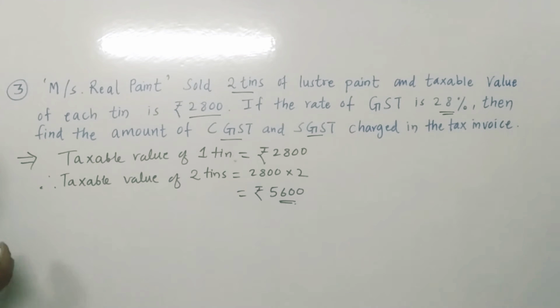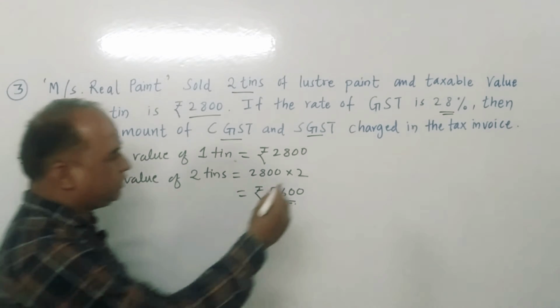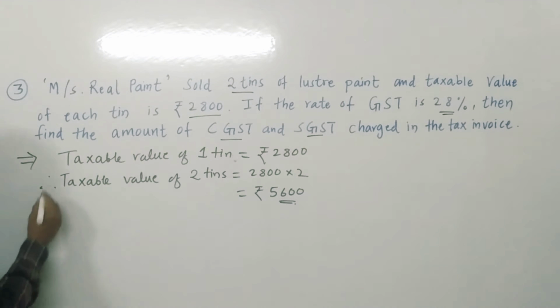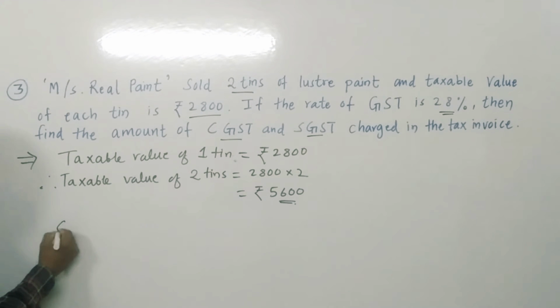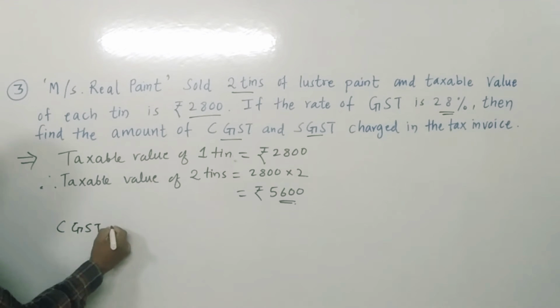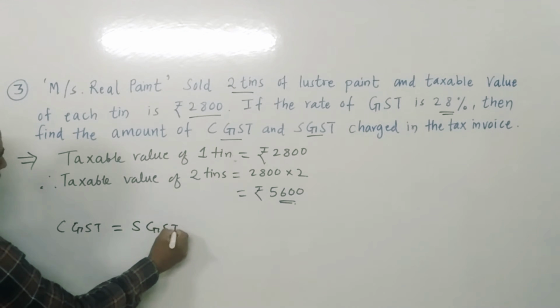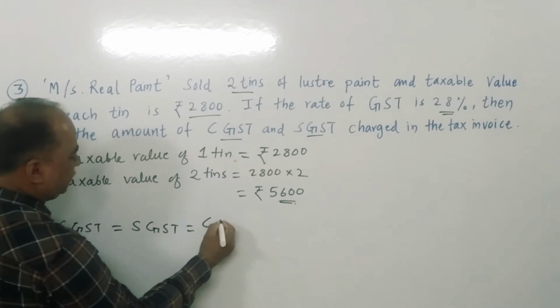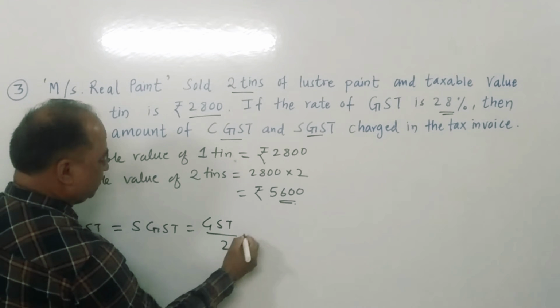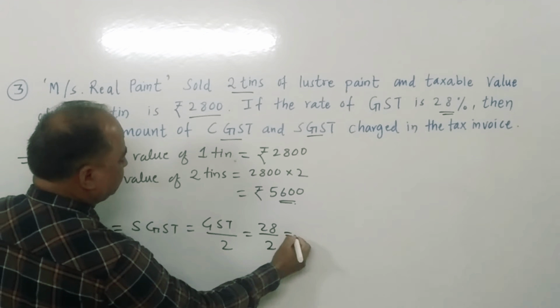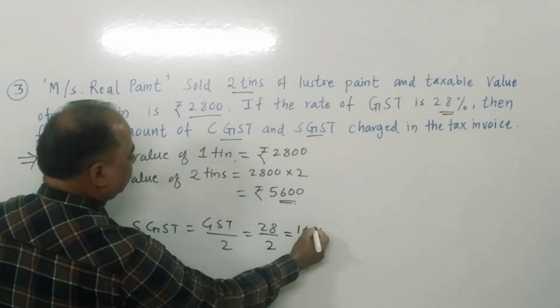Now we know that the GST is given. Your GST is 28%. So CGST and SGST will be half of that. So CGST is equal to SGST, which is rate of GST upon 2, that is 28% upon 2, which is equal to 14%.